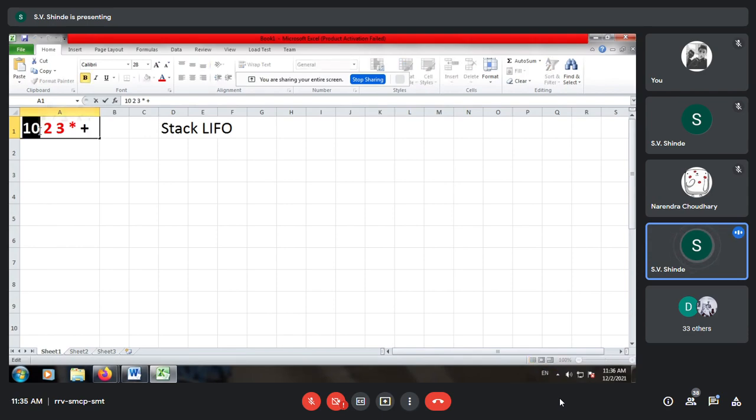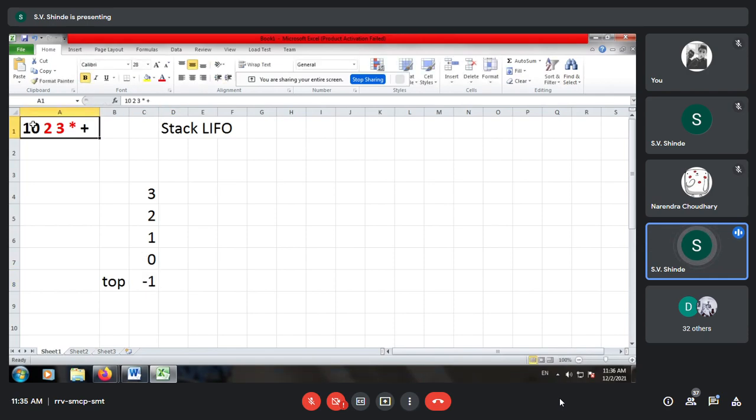So we get the first symbol, that is 10, or variable we can say. So let us say this is index 0, 1, 2, 3. So initially your stack top is -1.